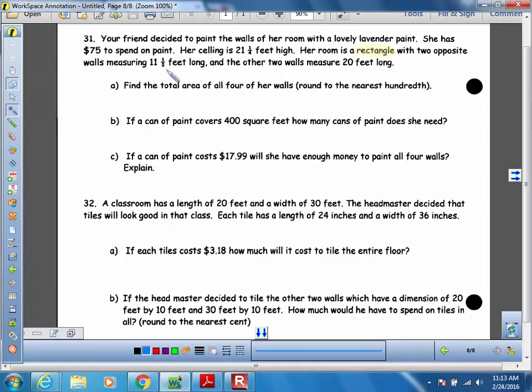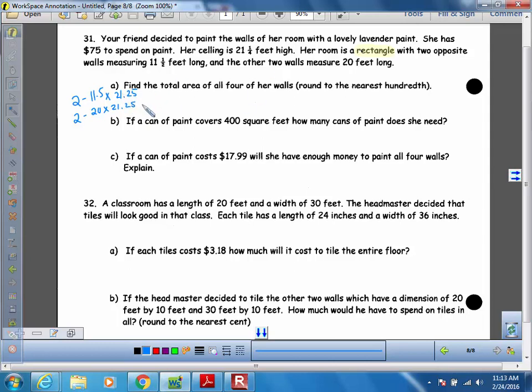So 2 of the walls are 11 1/2 feet by 21 1/4, and then 2 of the walls are 20 feet by 21.25.